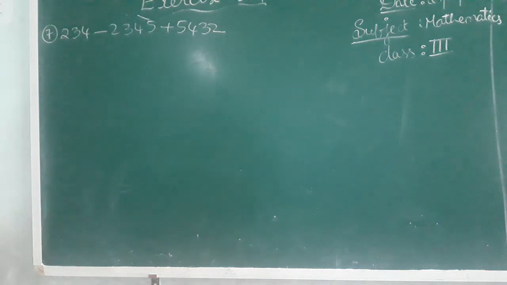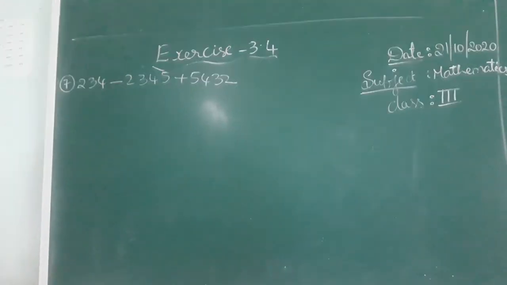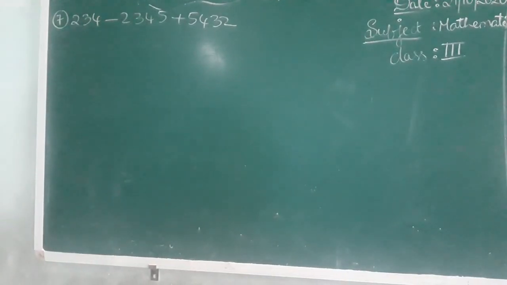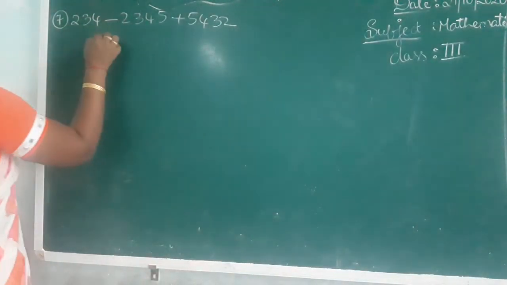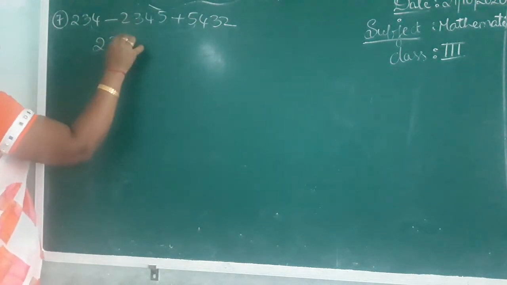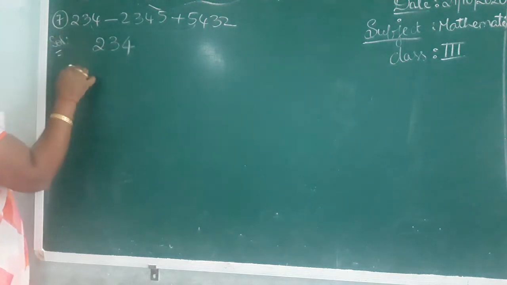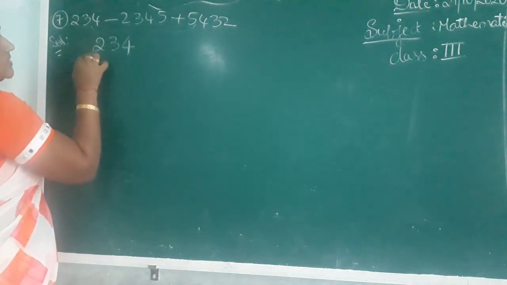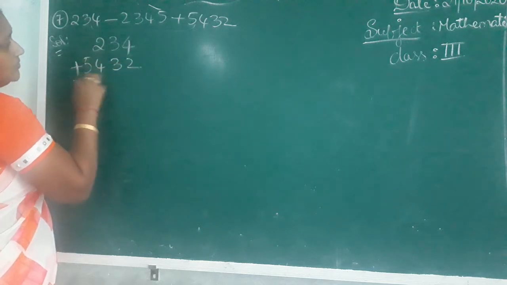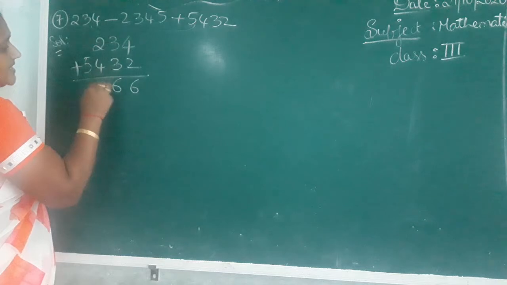That means first number with the last number. 234 plus 5,432. 4 plus 2, 6, 3 plus 3, 6, 2 plus 4, 6, 5.